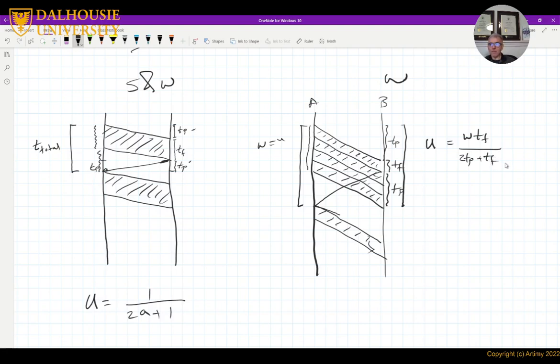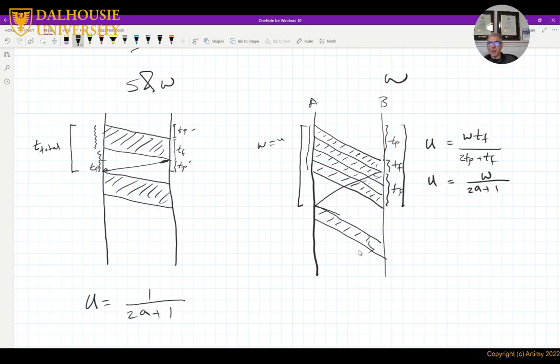Right? If I divide things again, I will see that U equal W over 2A plus 1.